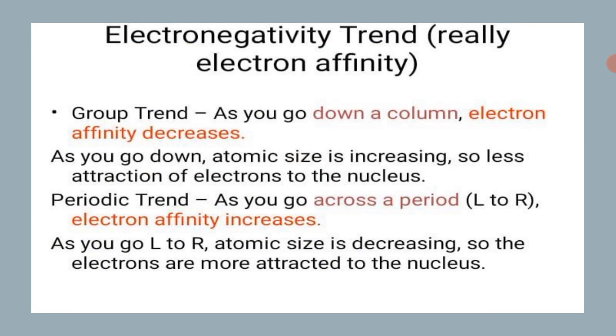As we go down, atomic size increases, so there is less attraction of electrons to the nucleus. In the periodic trend, as you go across a period from left to right, electronegativity increases. As you go left to right, atomic size decreases, so the electrons are more attracted to the nucleus.